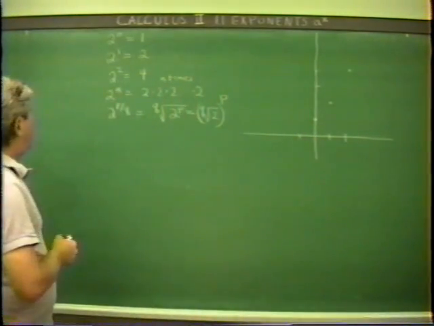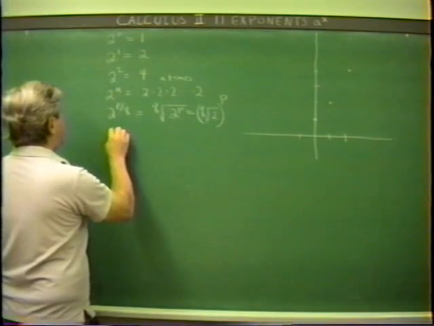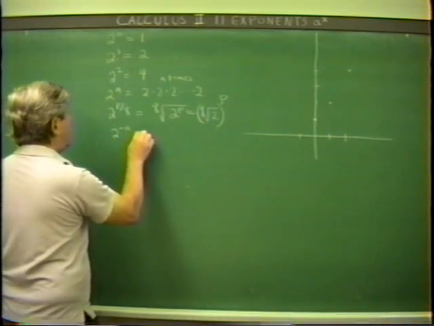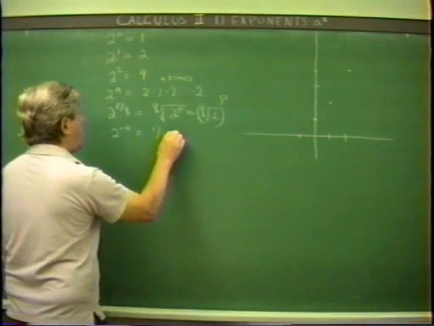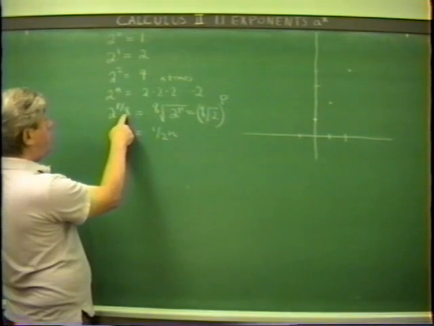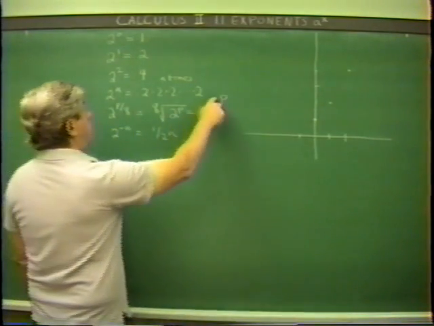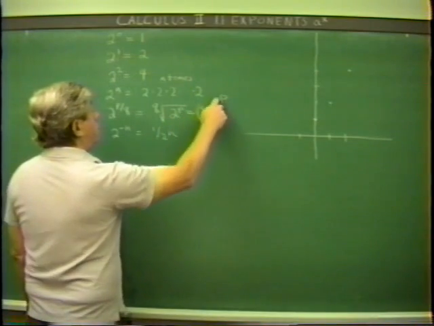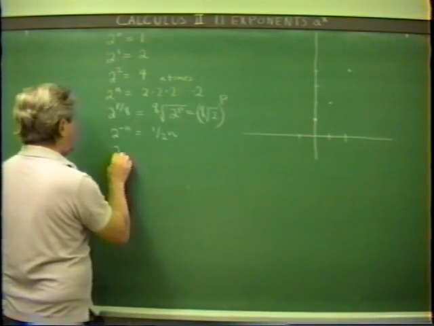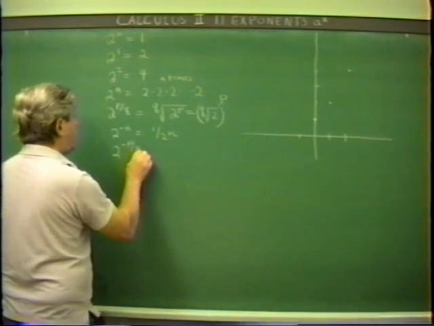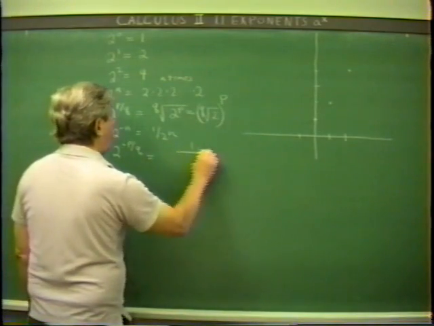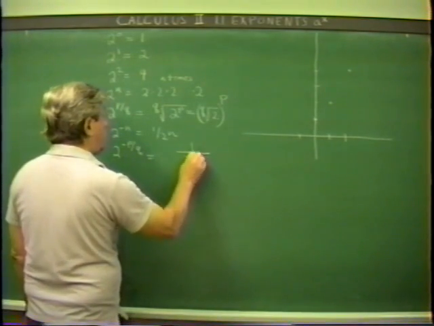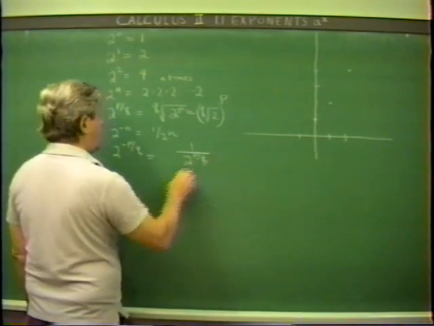We should mention here for negative exponents, 2 to the minus n is 1 over 2 to the n. That actually follows from 2 to the p over q, providing we understand that 2 to the minus p over q, for example, means 1 over 2 to the p over q.